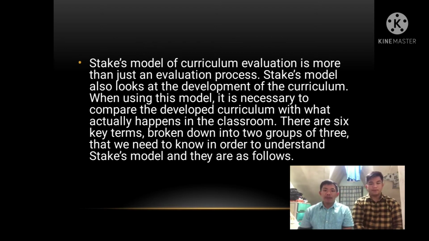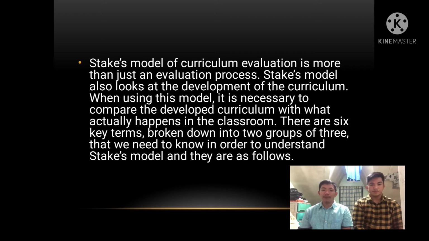Stake's model of curriculum evaluation is more than just an evaluation process. Stake's model also looks at the development of the curriculum. When using this model, it is necessary to compare the developed curriculum with what actually happens in the classroom.